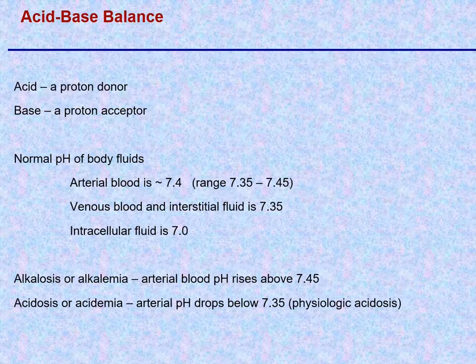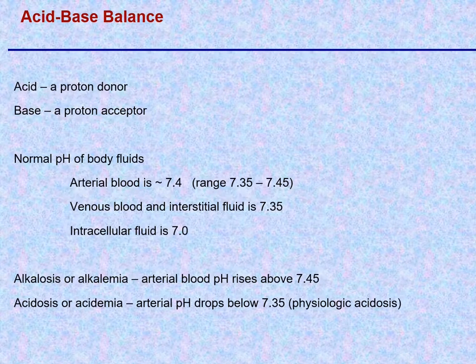The normal pH in body fluids varies depending upon which part of the body you look at. In the arterial blood, the normal pH in the blood plasma is about 7.4, with a range of plus or minus 0.05. So the normal range would be 7.35 to 7.45.